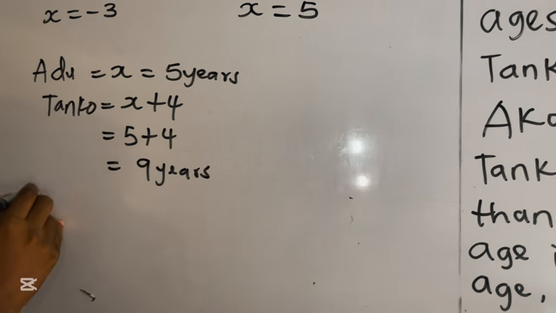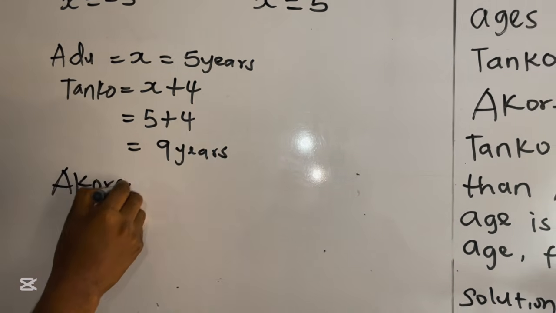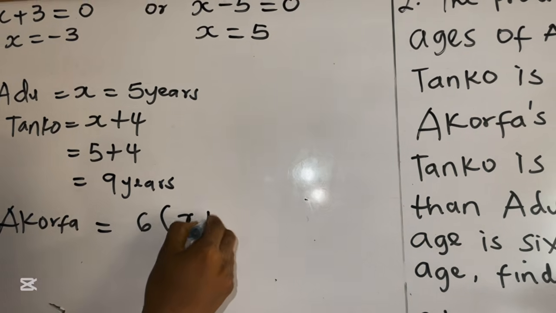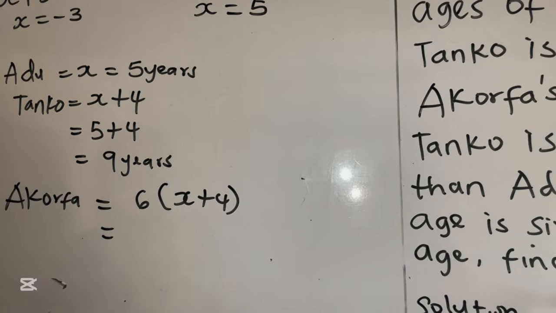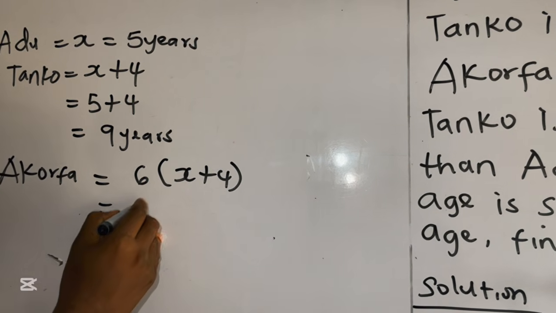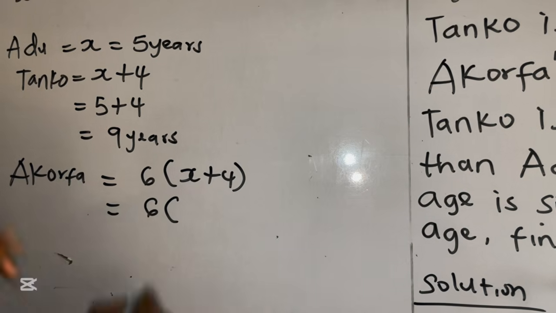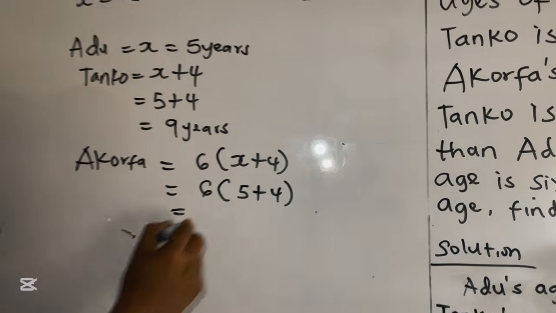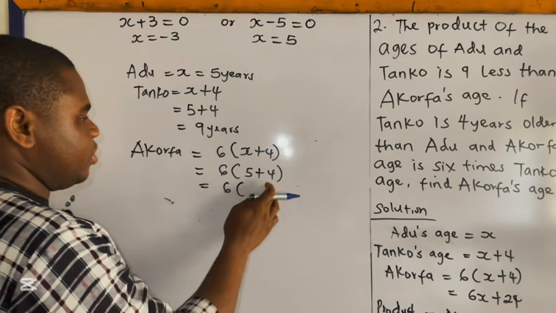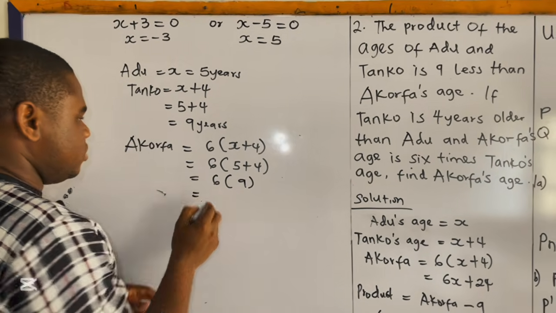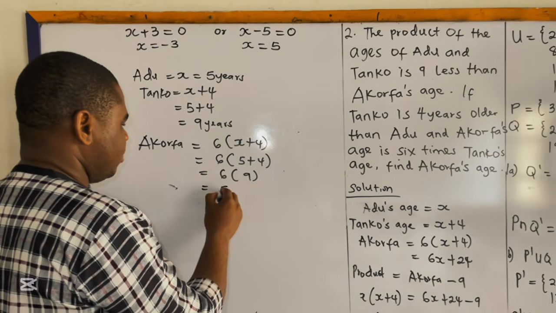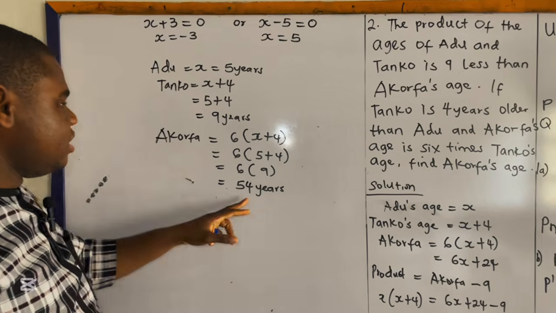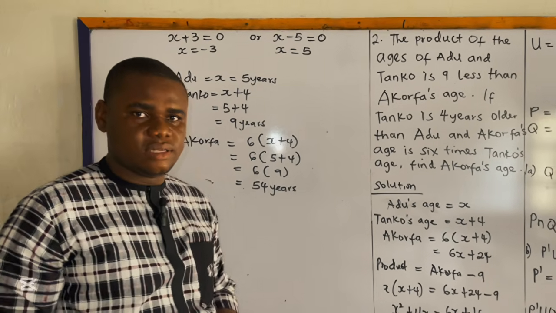Then finally, for Okafor's age, we have 6 in bracket x plus 4. So in this case, x in the equation is 5, plus 4. So 6 in bracket 5 plus 4 will give us 9. So 6 times 9 will give us 54 years. Therefore Okafor's age is 54 years.